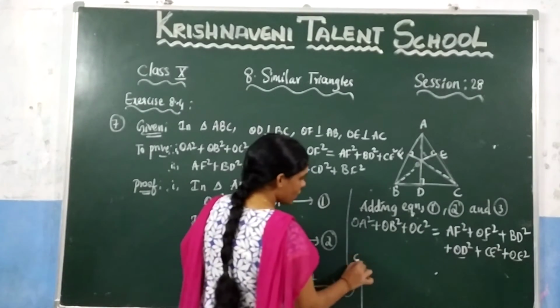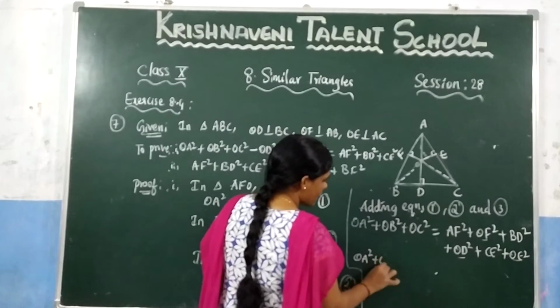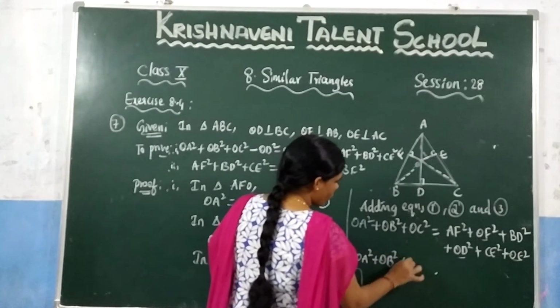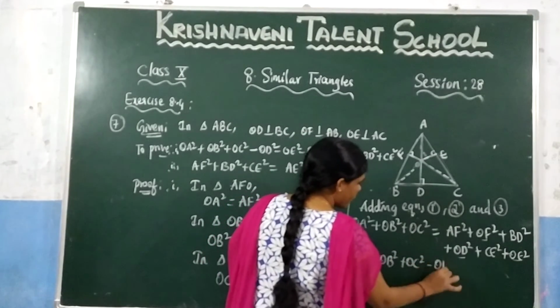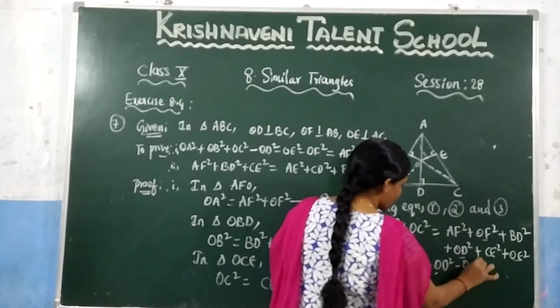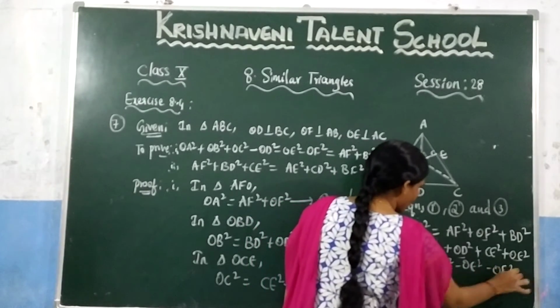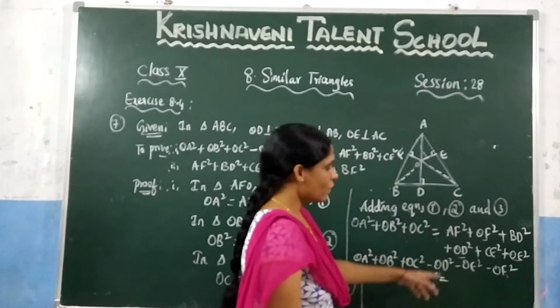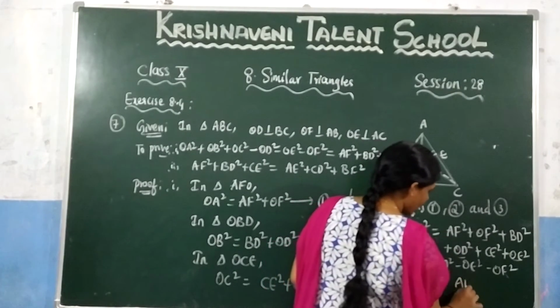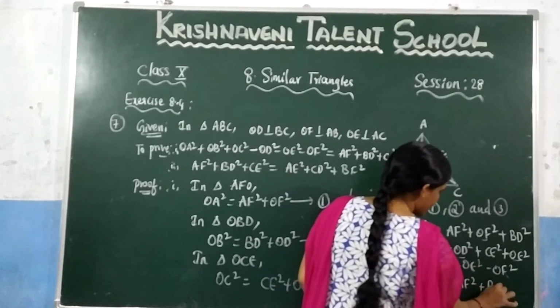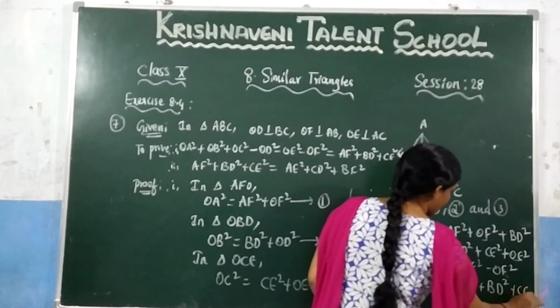So write it here OA square plus OB square plus OC square minus OD square minus OE square minus OF square. What is left out here? Which is AF square plus BD square plus CE square.